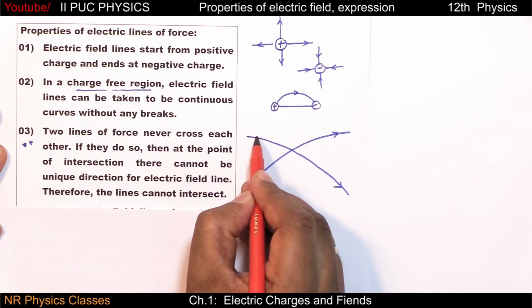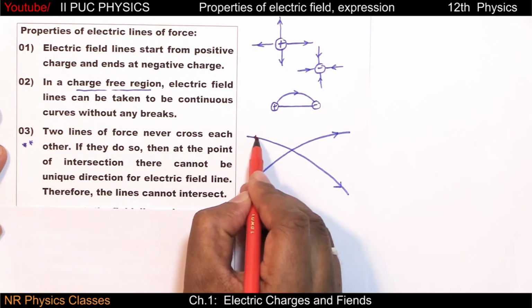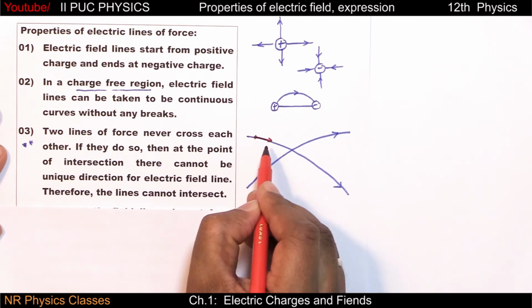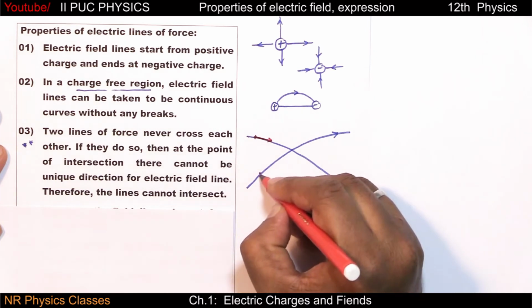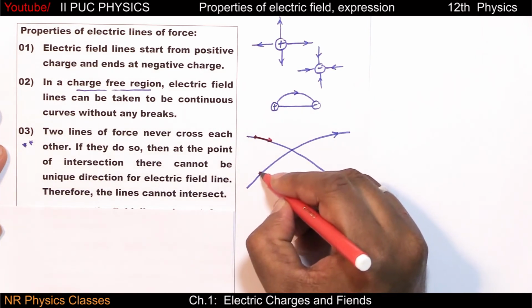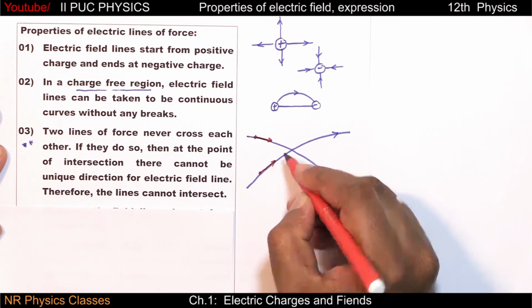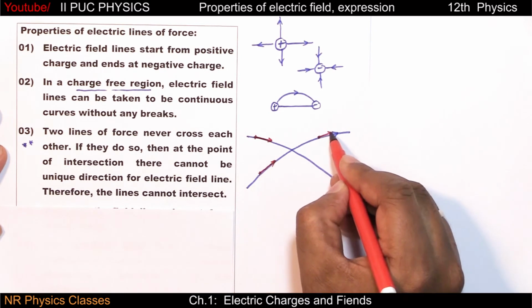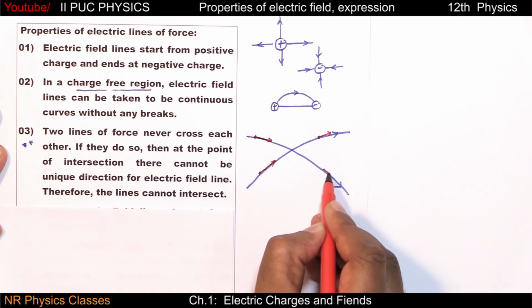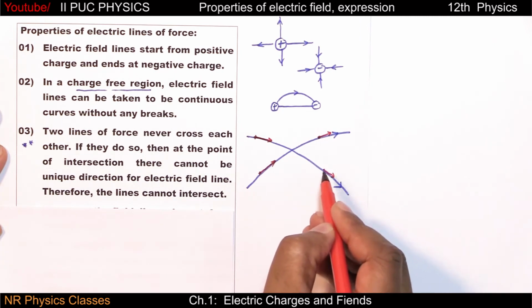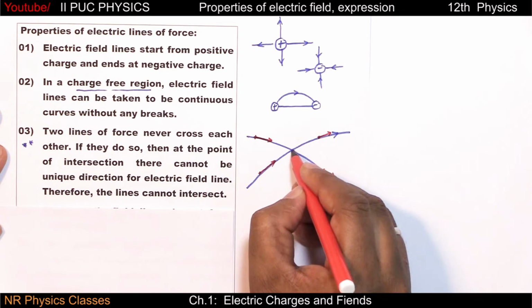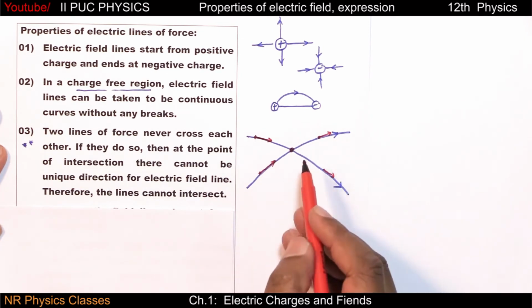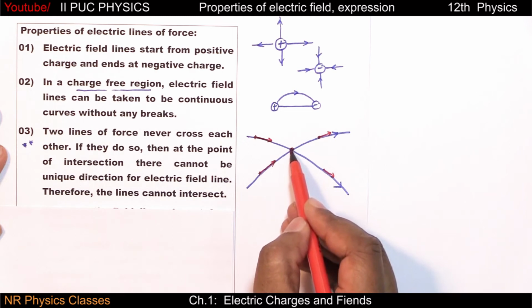Now, if I keep a test positive charge here, it moves along the tangent drawn at that point. At this point, if I keep a test positive charge, it moves in the direction of the tangent. At this point, it moves in this direction. At this point, it moves in this direction. But if I keep the test positive charge at the intersection, then there is ambiguity. In which direction does the charge have to move?